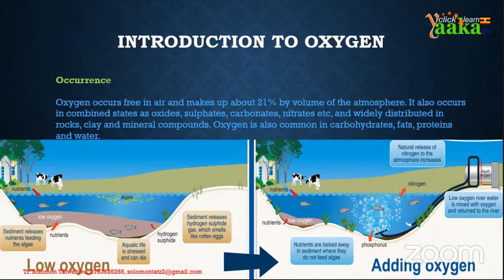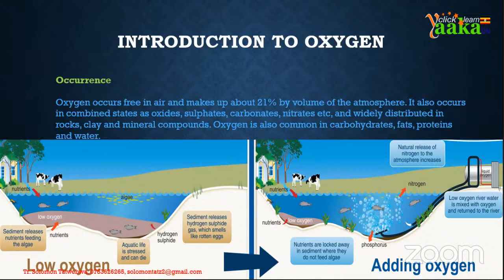Now, here is the occurrence of oxygen. Occurrence means where oxygen can be found in nature. So it makes up 21% of air, and it occurs in combined states also, for example, in oxides, sulfates, carbonates, nitrates, etc. And it is very widely spread in chemicals, clay mineral compounds, and others.